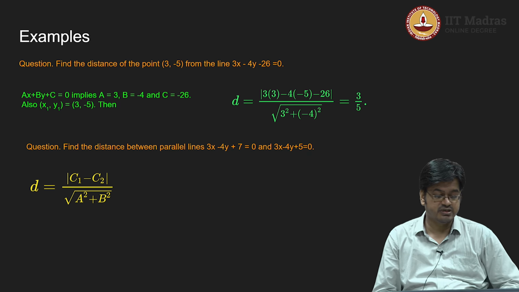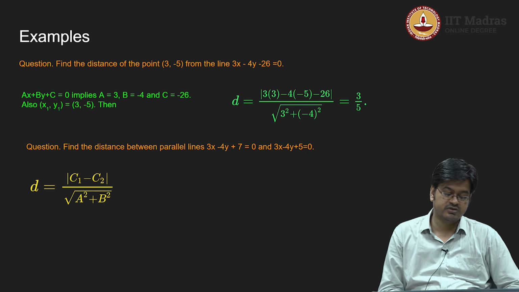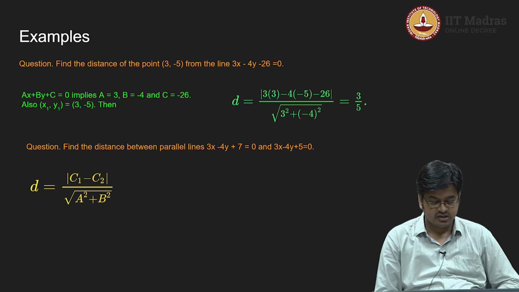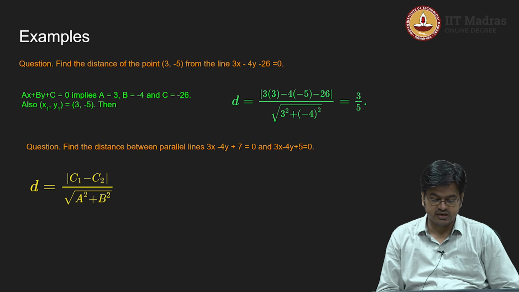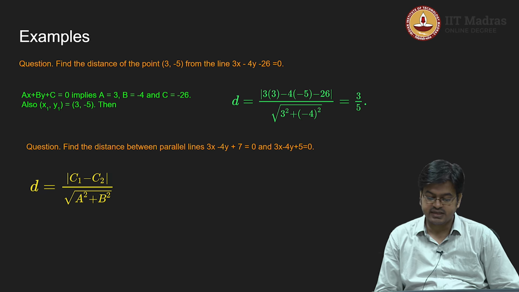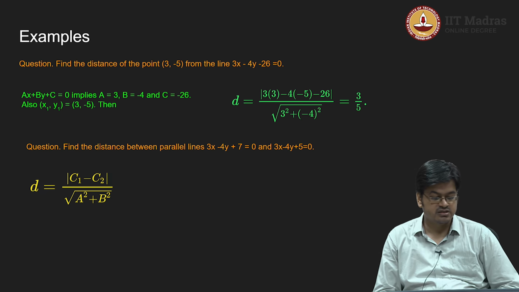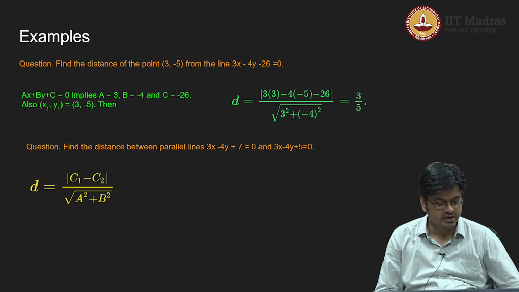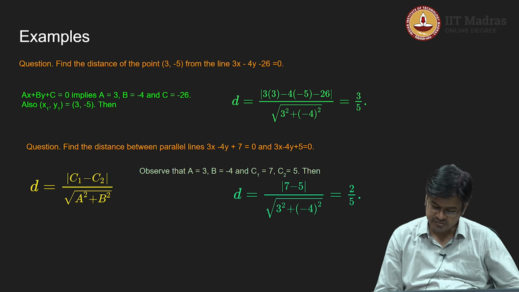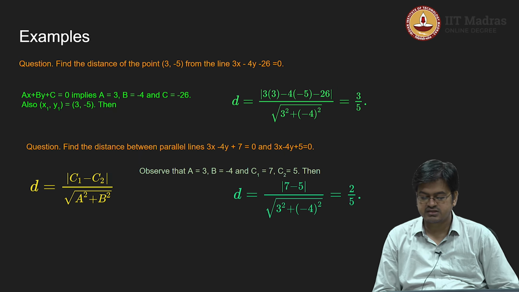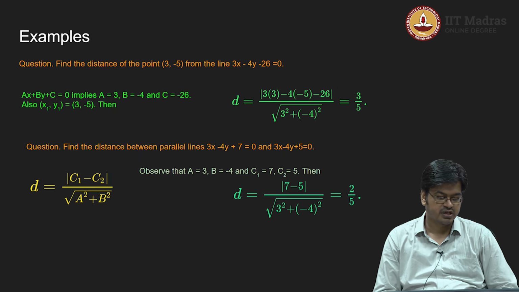It is mod C1 minus C2 upon square root of a square plus b square. It is very straightforward. So, what is C1 here? For the first line, the constant term is 7, for the second line, the constant term is 5. So, it will be modulus of 7 minus 5 upon square root of 3 square plus minus 4 square. So, you will get the answer to be 2 by 5.